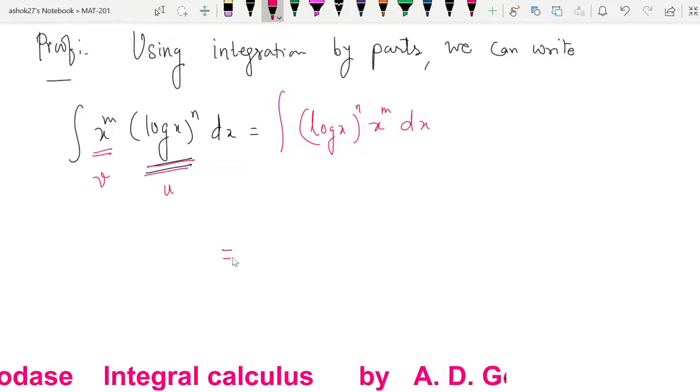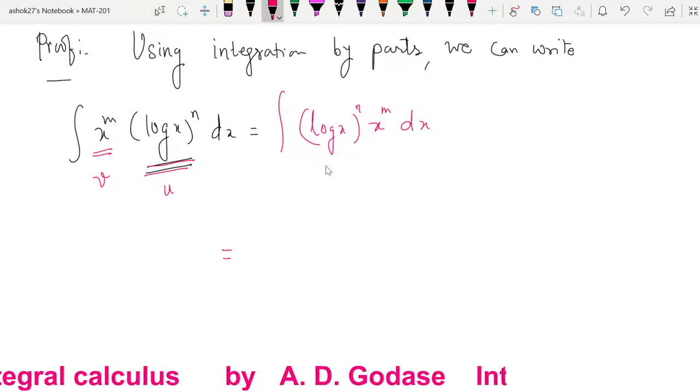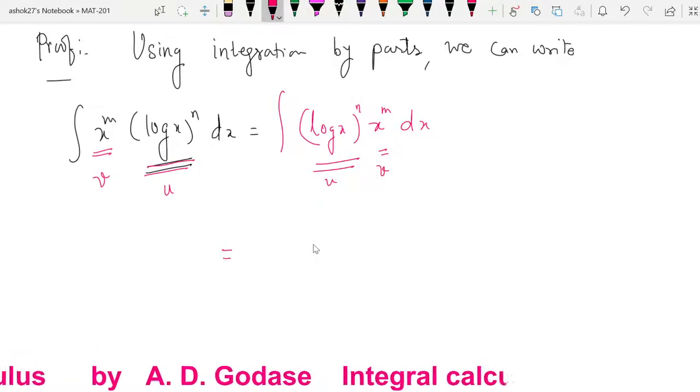So using integration by parts, we are integrating the second function, and the first function remains as it is.